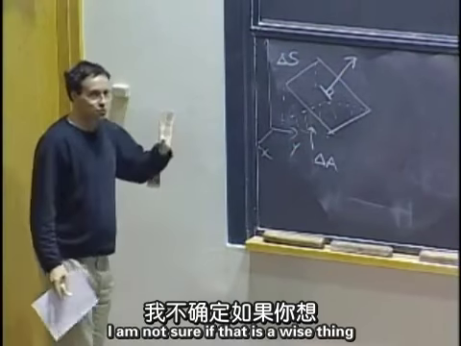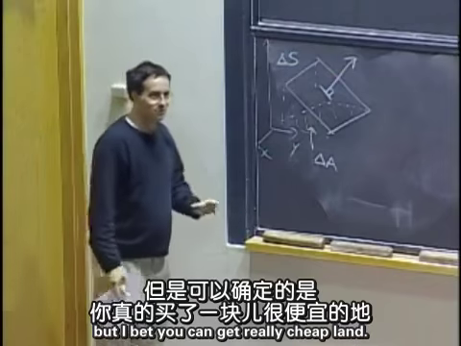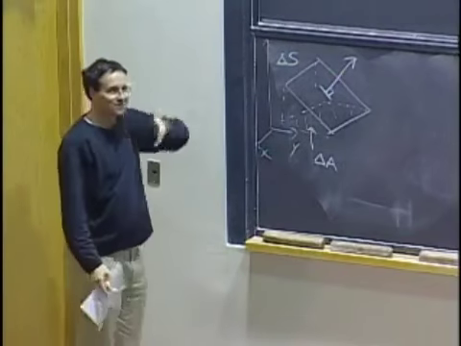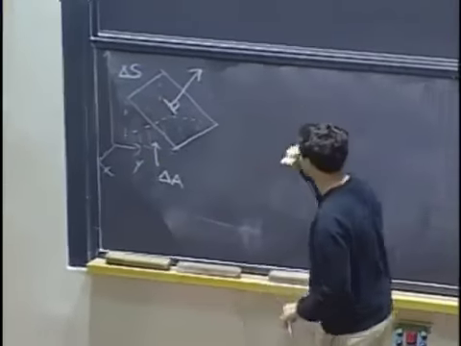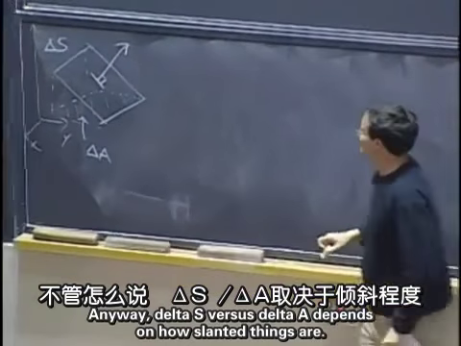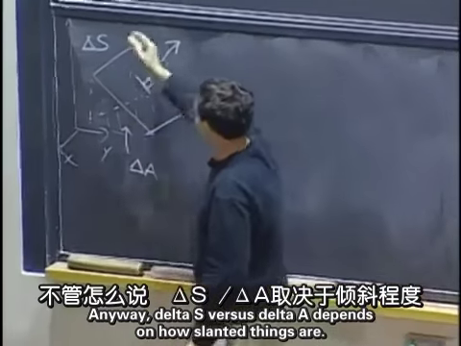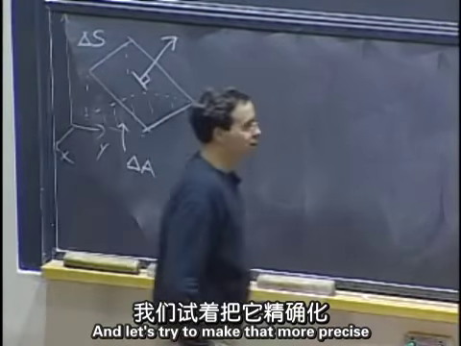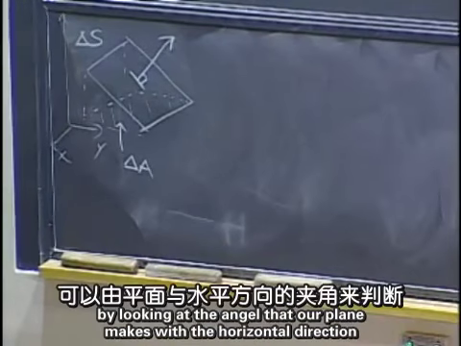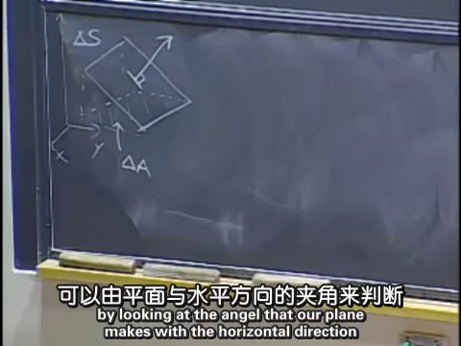I'm not sure if that's a wise thing to do if you want to build a house there, but eventually you can get really cheap land. So anyway, delta S versus delta A depends on how slanted things are. Let's try to make that more precise by looking at the angle that our plane makes with the horizontal direction.